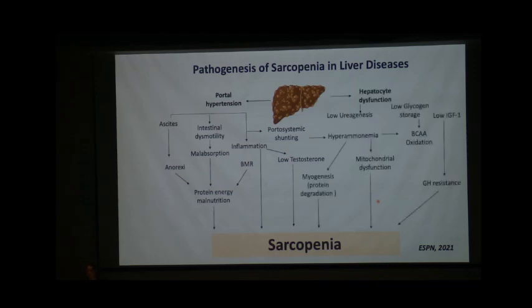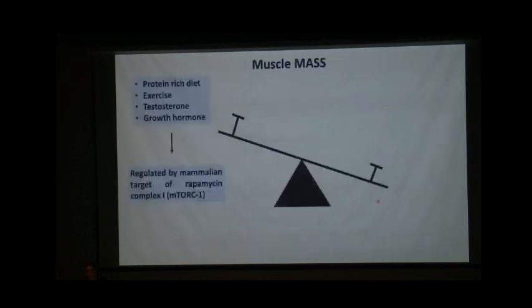Whereas when there is hepatocyte damage, there is low glycogen storage and low ureagenesis, and systemic shunting leads to a hyperammonemic condition, which leads to more protein degradation in muscle, and hence the state of sarcopenia occurs. So to increase muscle mass, what we need is a protein-rich diet, exercise, and growth hormone, which regulates the mammalian target of rapamycin complex 1, which is mTORC1.